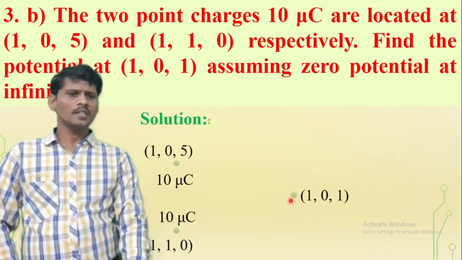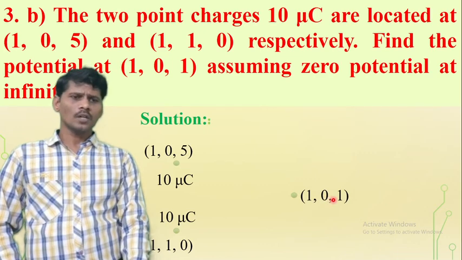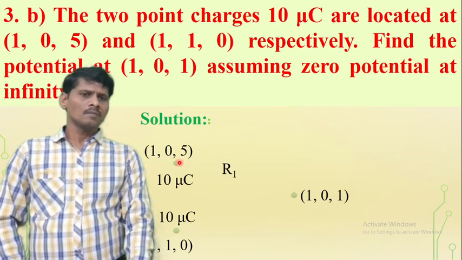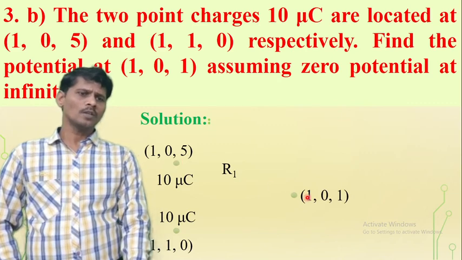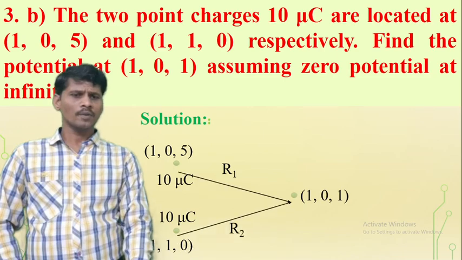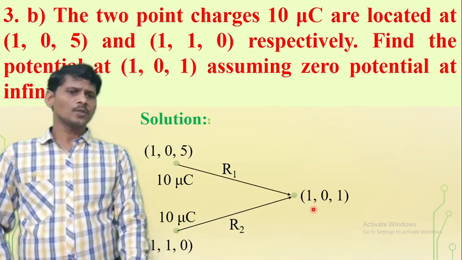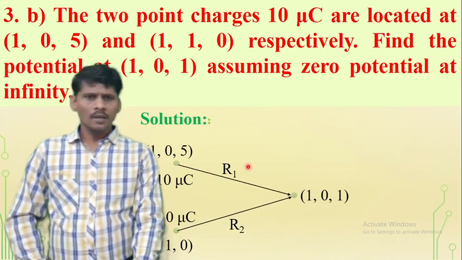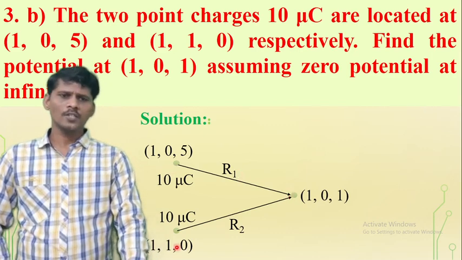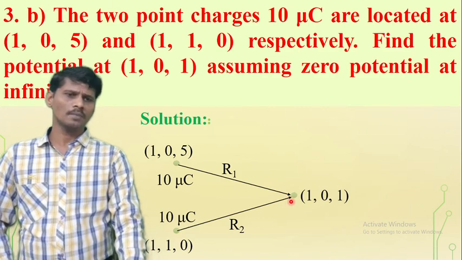So determine the electric potential at 1, 0, 1. After that, draw the line from the first point charge to the 1, 0, 1 point. Next, draw the vector line from the second point charge to 1, 0, 1. The distance between the first pair of points is capital R1, and the distance between the second pair of points is capital R2.